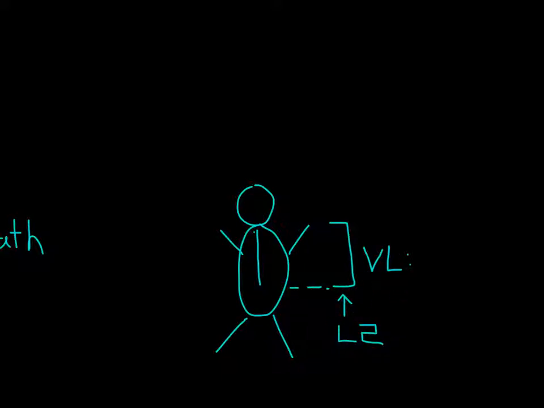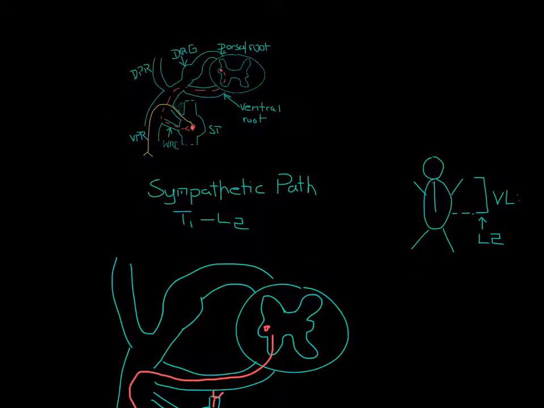I hope I didn't confuse you, but at L2 of the vertebral level there's more of the vertebral column all the way to the tailbone, but at the end of L2 is where the spinal cord ends. So that's an important thing to keep in mind.